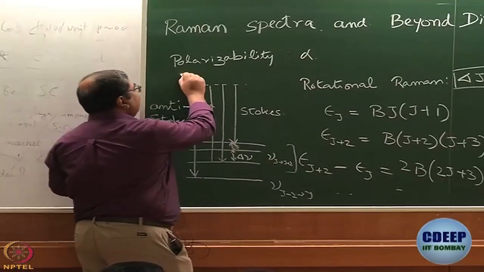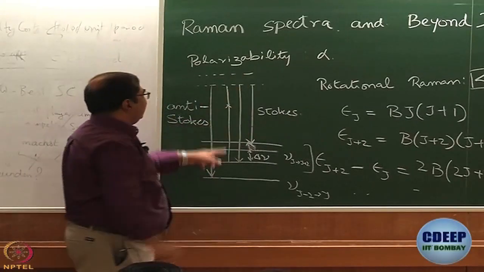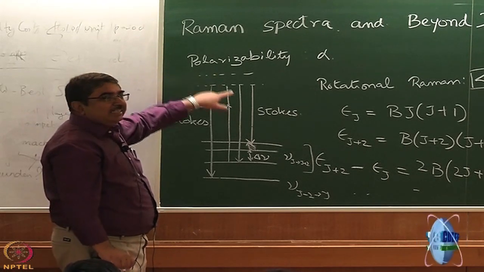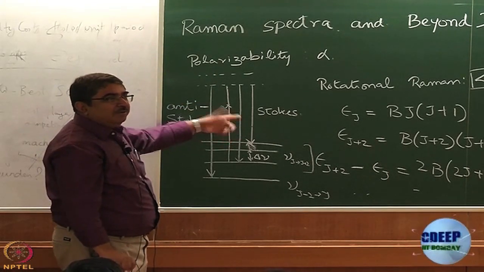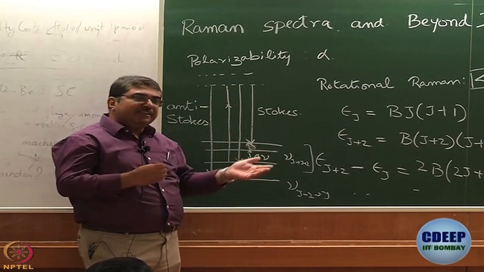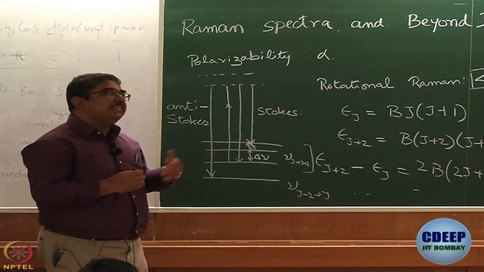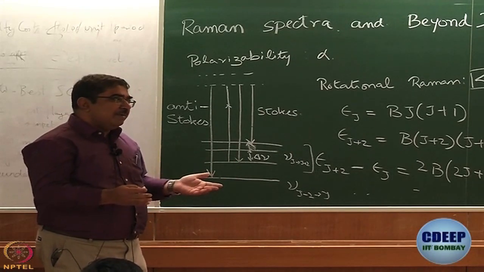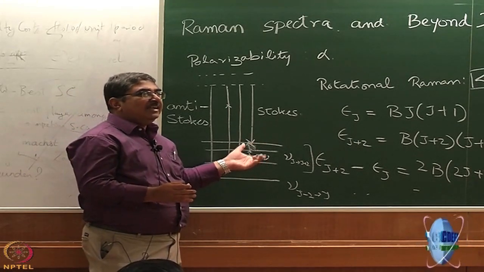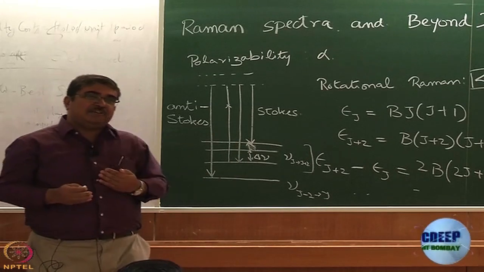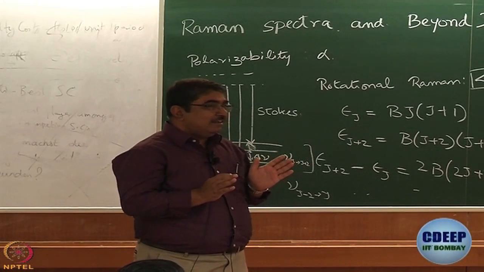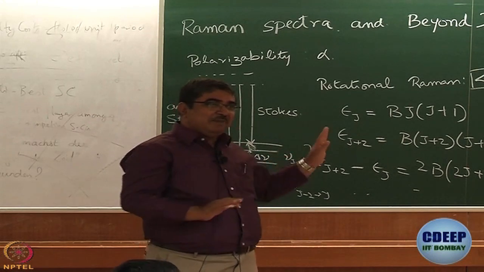Let us say I use a different frequency and cause the promotion to virtual state that is here. Will that change delta nu? No, right? It will change the frequency of the scattered photon, that is right. But if you take the difference of frequencies of scattered and excitation photons, they should be the same, because delta nu is characteristic of the molecule that you have taken, right. This is an important aspect of Raman spectroscopy. Excitation wavelength does not matter, unless there is an unless, we will come to that later.